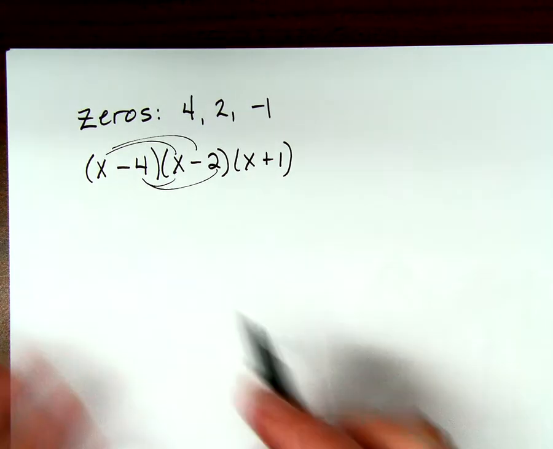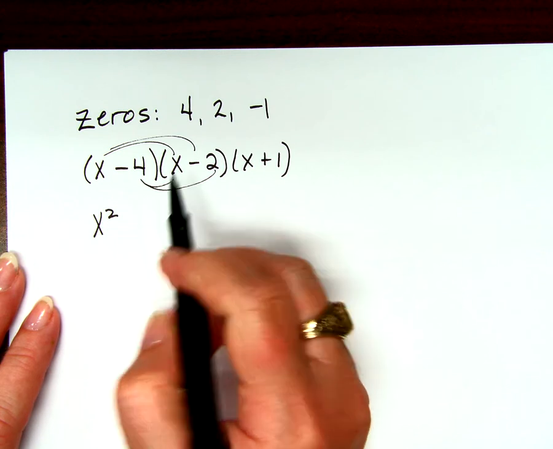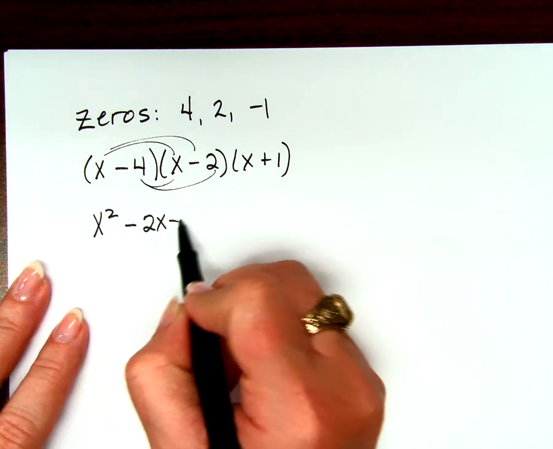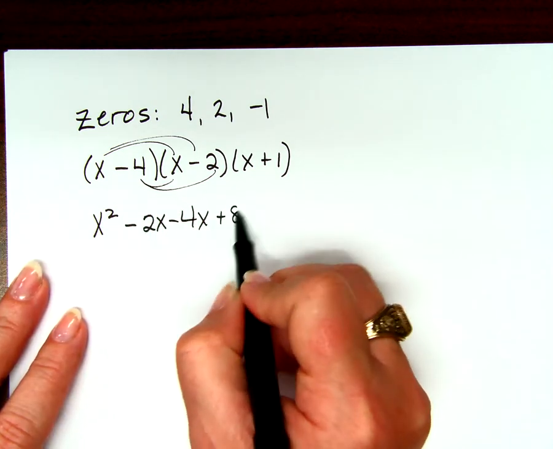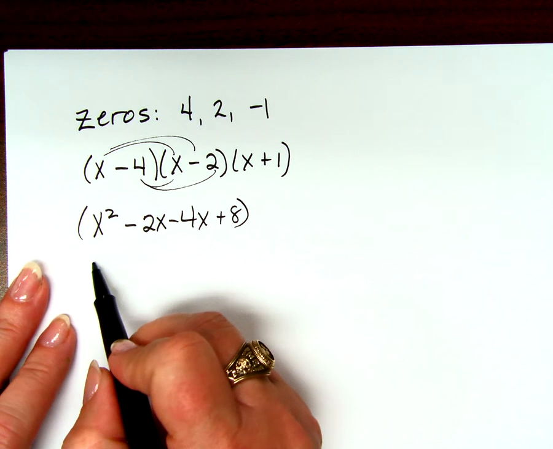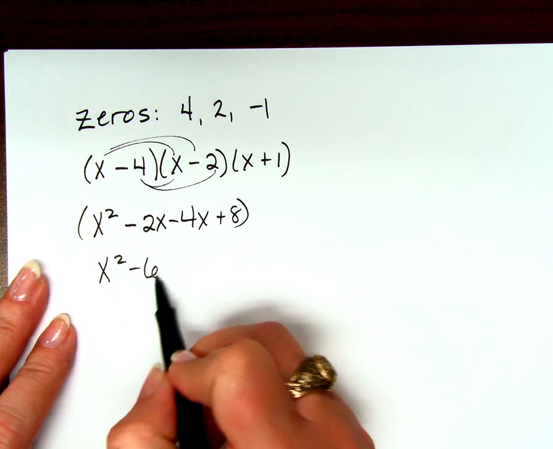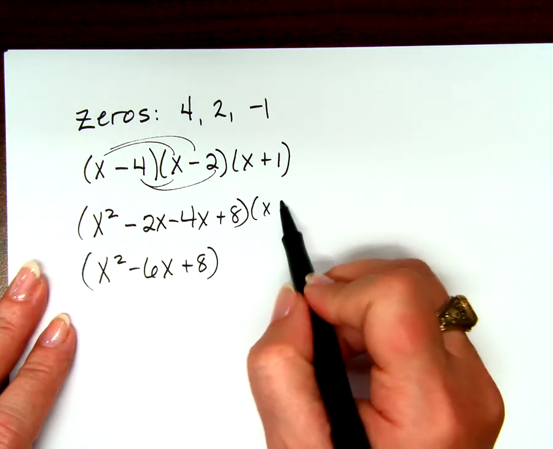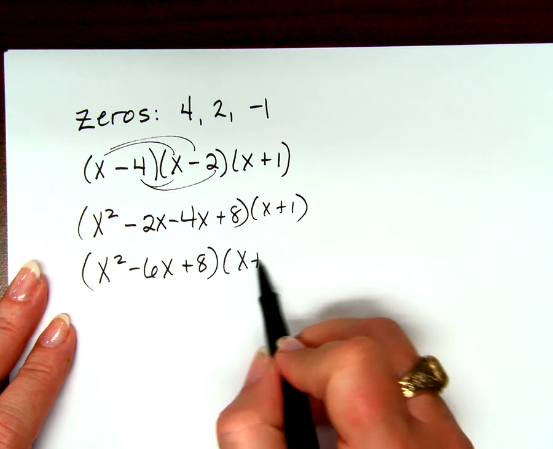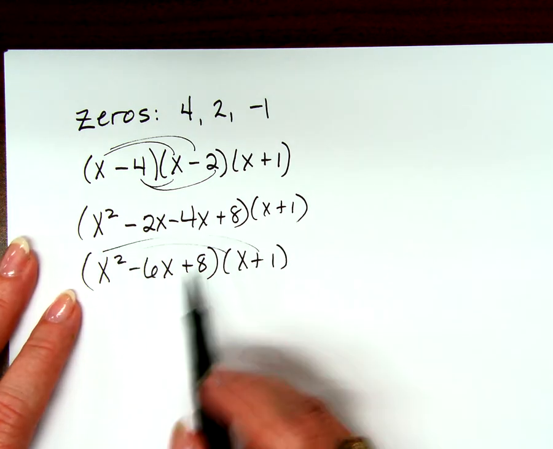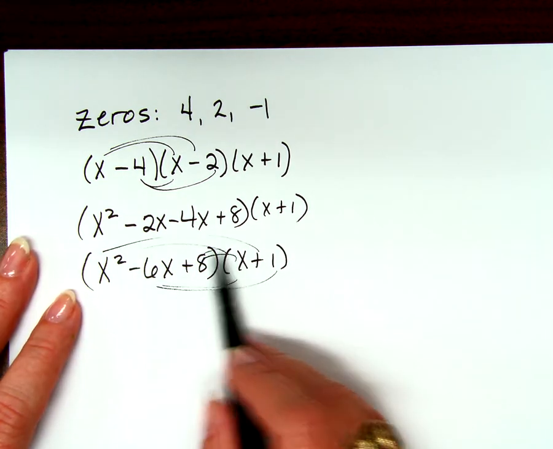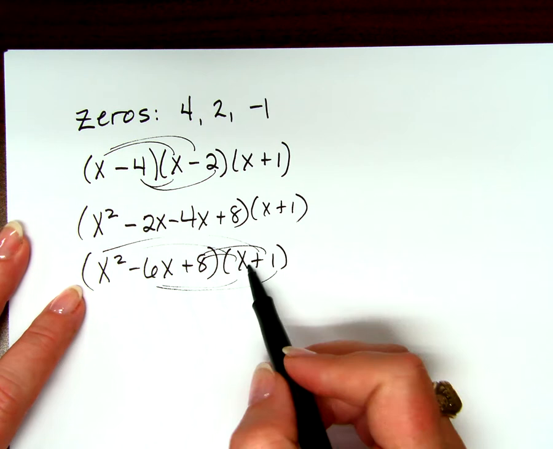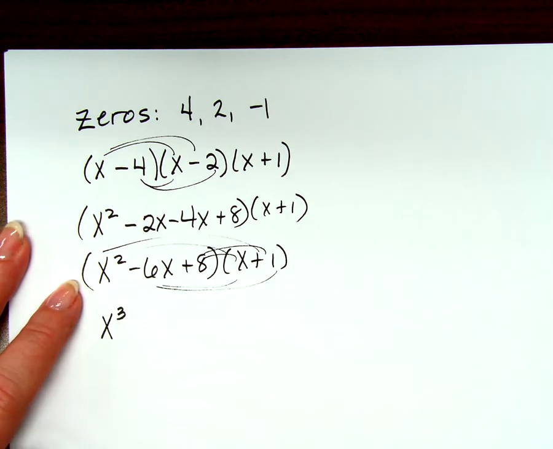Multiply the first 2 together to get x squared minus 2x minus 4x plus 8, which is actually x squared minus 6x plus 8, right? And then I still have this x plus 1 that I haven't used yet. So I just go... It helps if you make the sounds. Okay? X squared times x is x cubed.